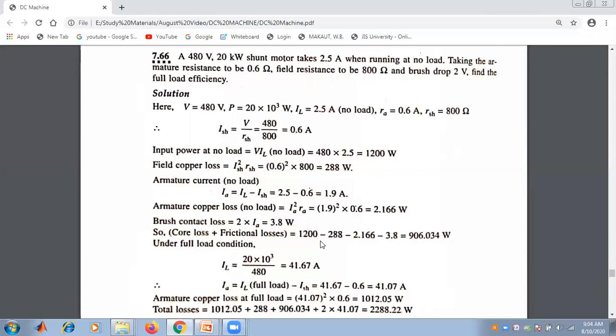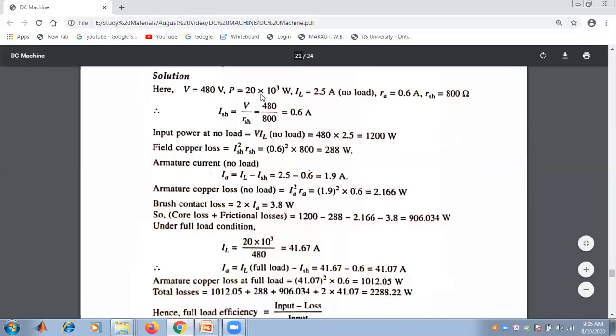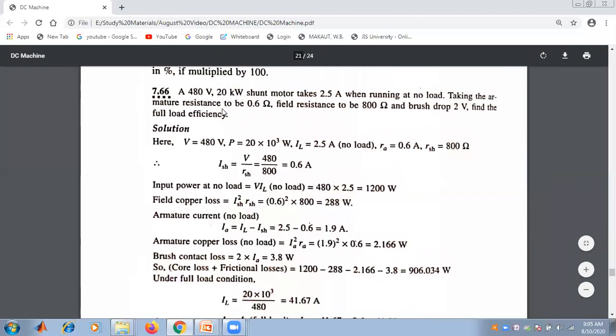Under full load condition, the value of line current IL equals 20 × 10^3 divided by 480, because it is given that it is a 20 kilowatt motor, that is the output power.